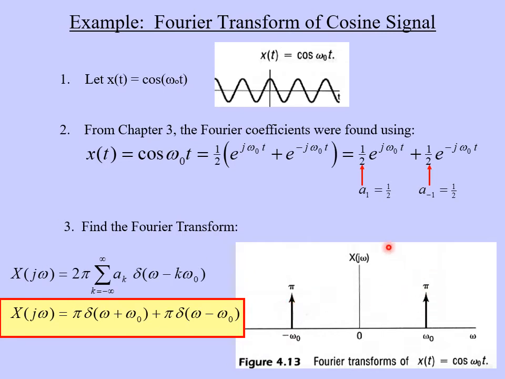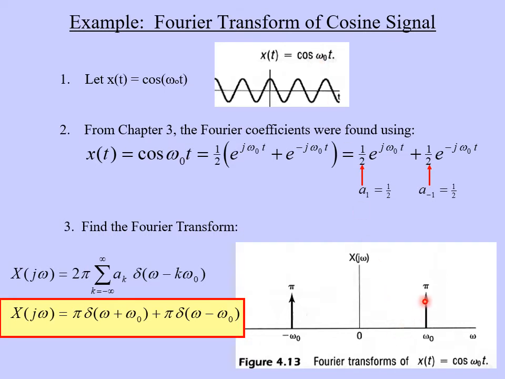All right, so what does this mean? How do we interpret this spectrum? Well, remember, X of j omega is the spectrum of the cosine function. This is what the cosine function looks like in the time domain, and this is what it looks like in the frequency domain. It makes sense because cosine of omega naught t only has a single frequency, and that frequency is omega naught.